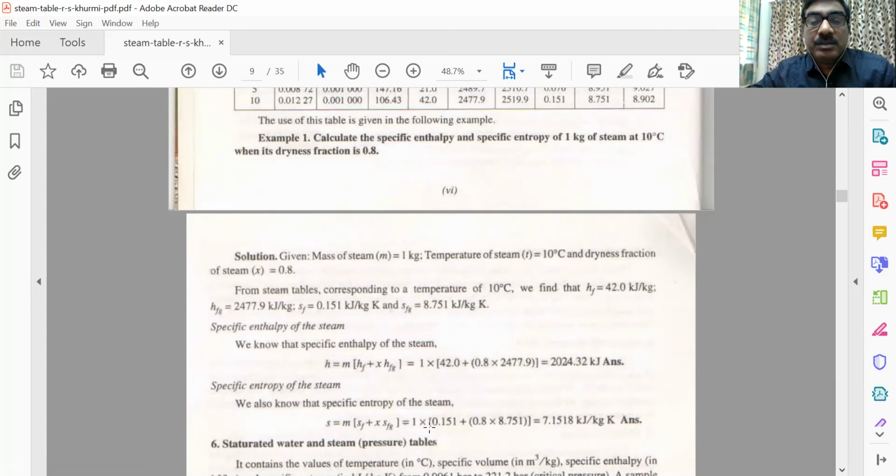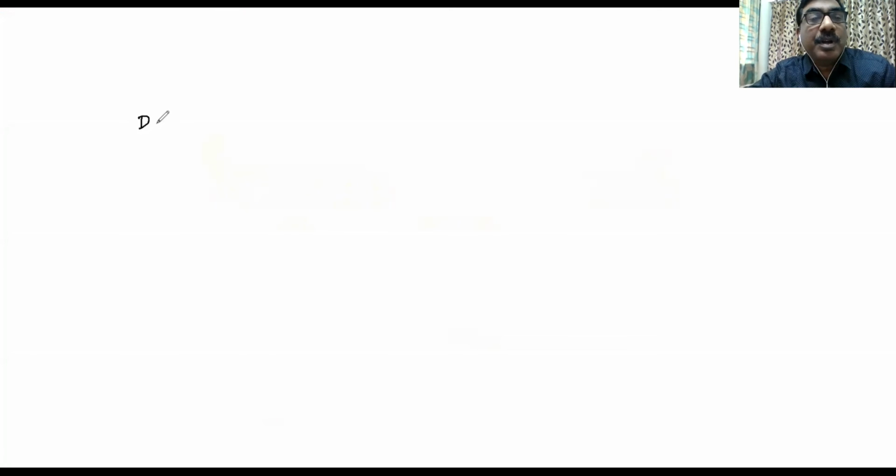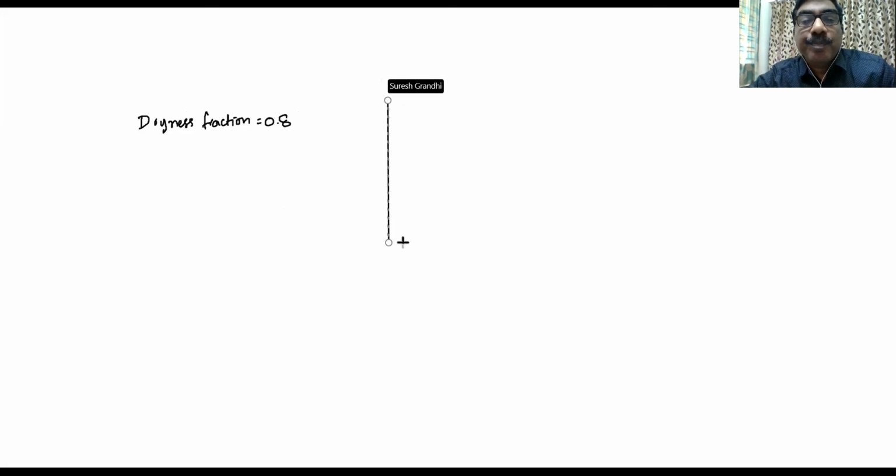I'll show you like this. Suppose the dryness fraction is 0.8. What does it mean? This is the saturation curve.